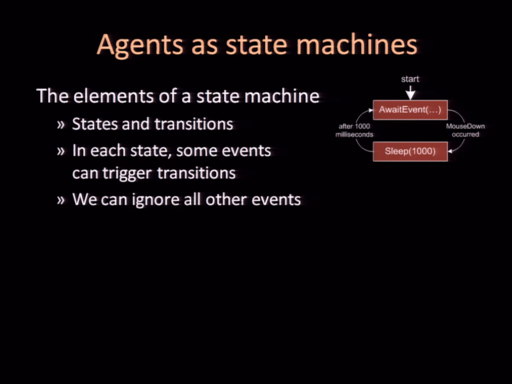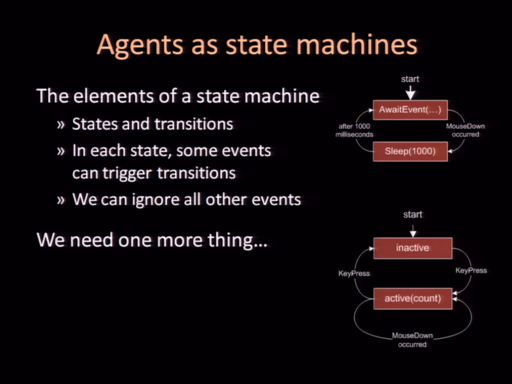And then there's a transition back to the state where it waits for the clicks. An important point is that when we are in the sleeping state, we are waiting only for the timer to complete. But all the click events are dropped. They're not cached in any way because we're not interested in listening to them. So the events are used only to trigger the transitions in the state machine.